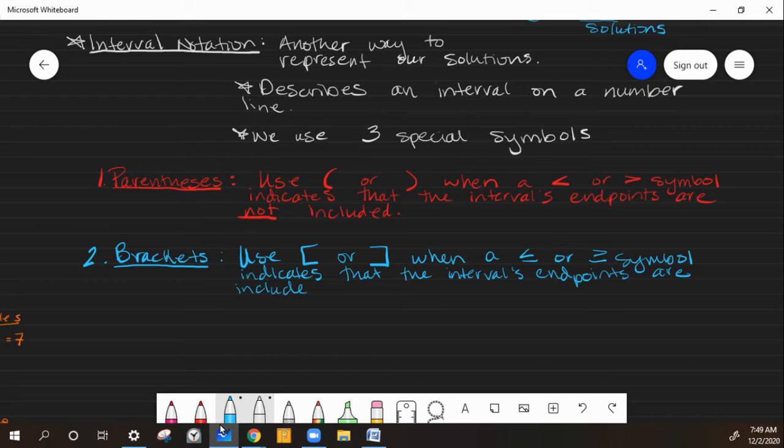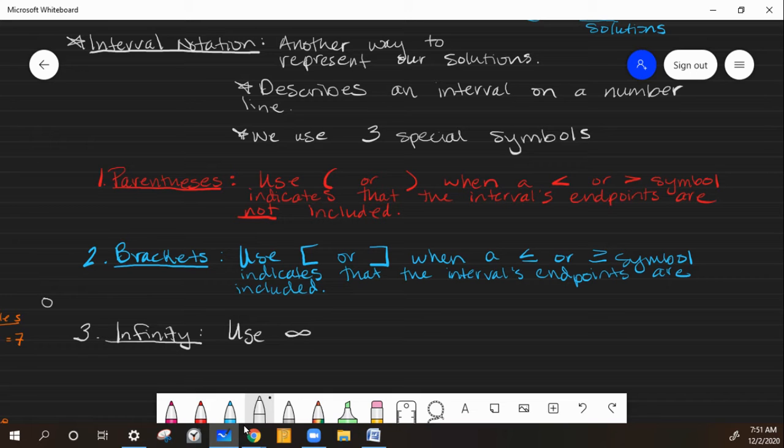And then there's one more symbol that you might actually know already, which would be kind of cool. The third symbol is infinity. Did you know that infinity has a symbol? It does. It looks like a sideways 8.